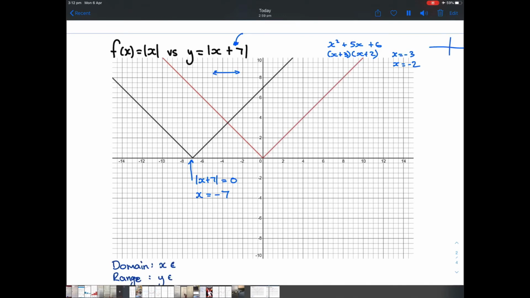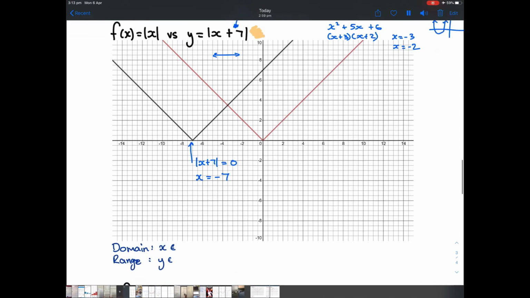So that's a parabola that's moved left of the y-axis because we've got the x plus 3, x plus 2 inside brackets. We've got the same situation happening here but with the absolute value symbol. So we've moved it left. There's no constant outside, there's nothing outside, so it hasn't shifted up or down, and we can see that.